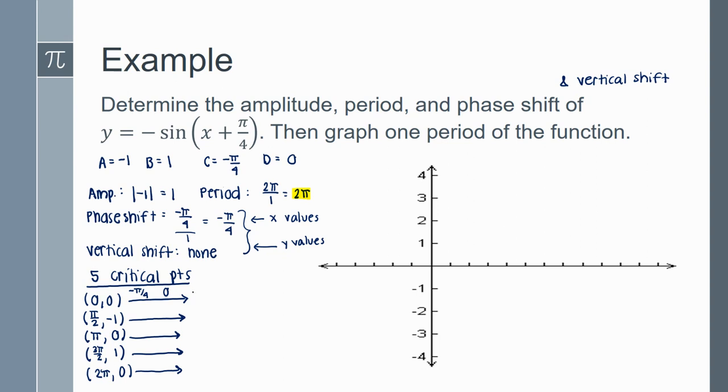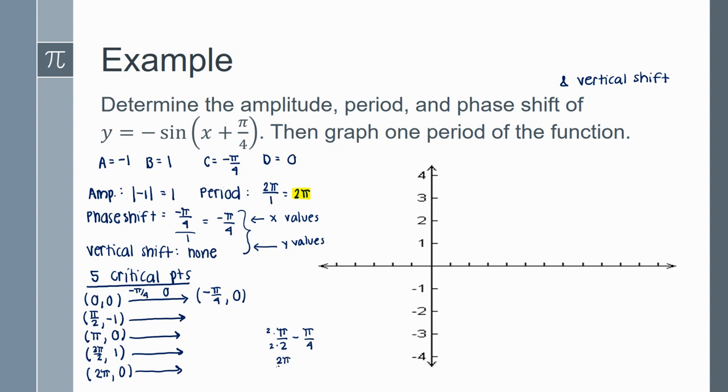Okay, so if I take 0 and I'm subtracting pi over 4, I'm going to have negative pi over 4. And then 0 plus 0 is still 0. If I have pi over 2 and I want to subtract pi over 4, you have to think about common denominators. Well, they're not the same denominator, so I can multiply the top and the bottom by 2.